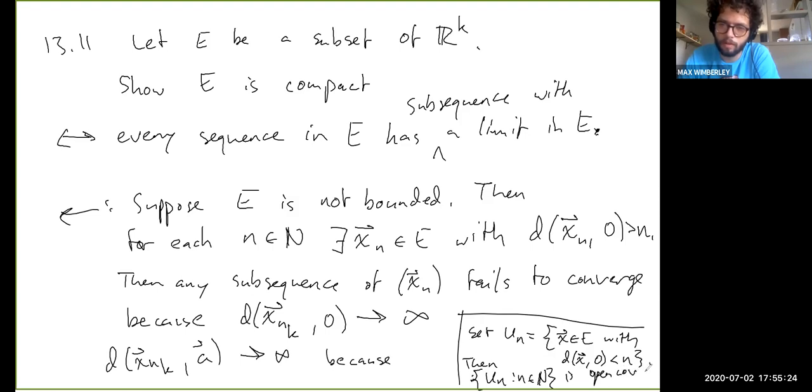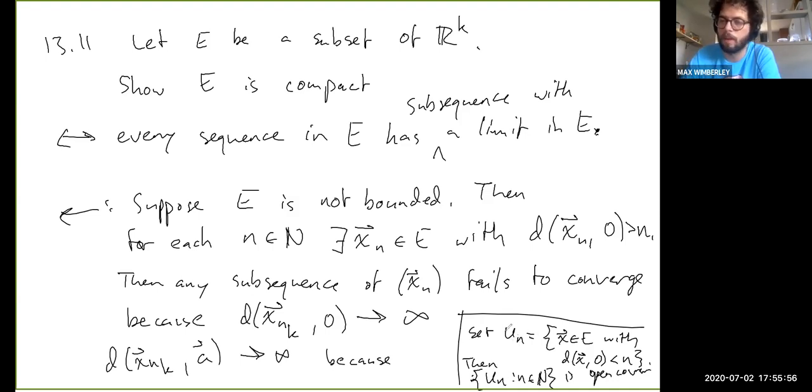The set of all un is an open cover because the union of all these un is actually the entirety of RK. So clearly they cover E. And actually, this is a more elegant argument, so thanks for bringing this up. Take any finite subset of these open sets.